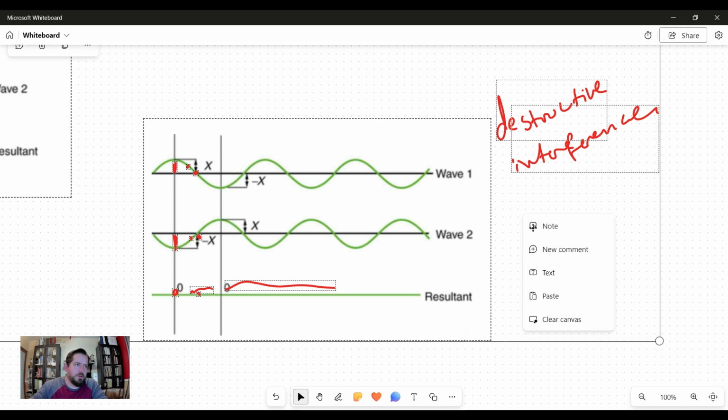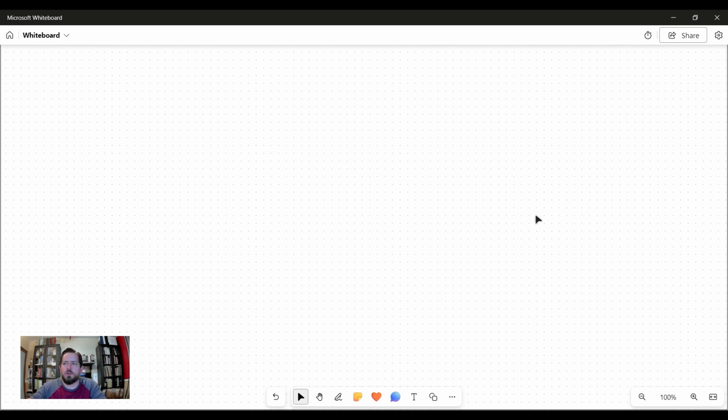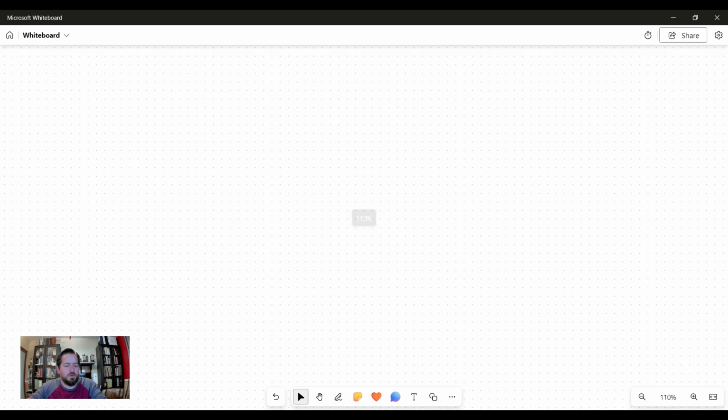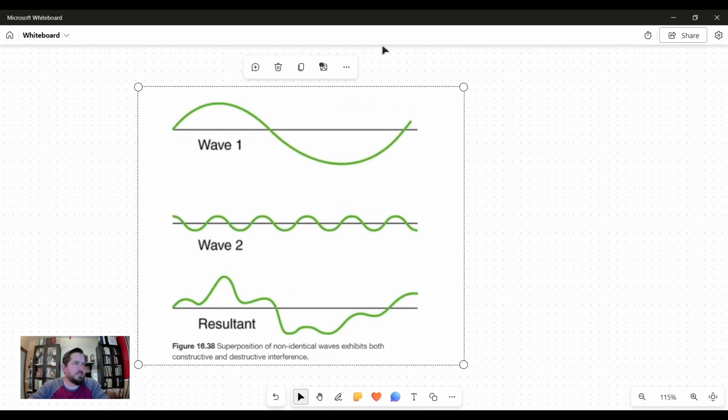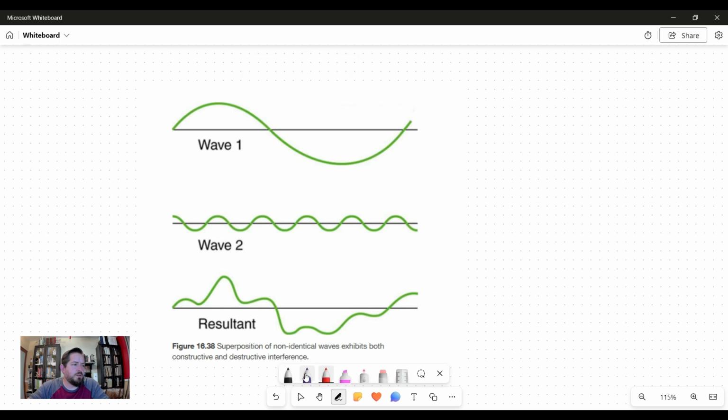But it's very much more common to see two waves that aren't exactly the same wave. And when they interfere, whatever is positive on this top wave, at maximum here, we have this maximum here that added to a little bit here, this maximum added.